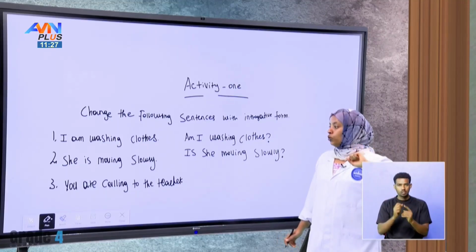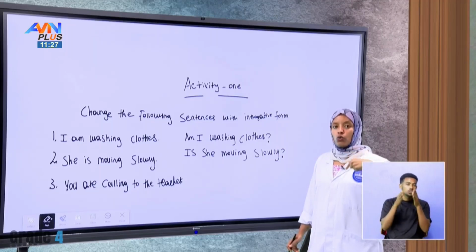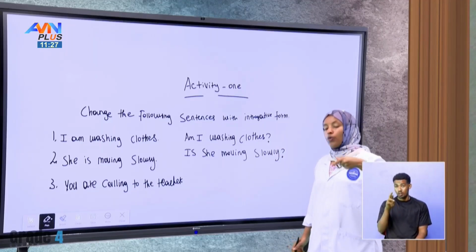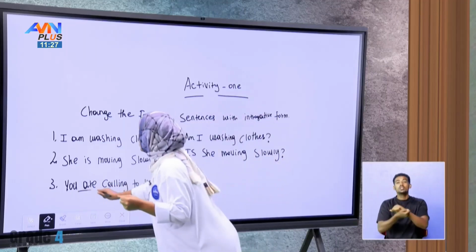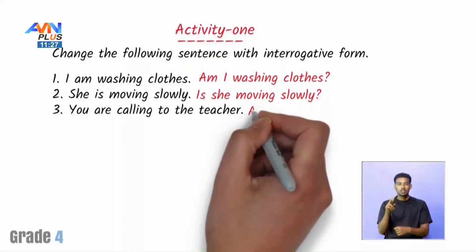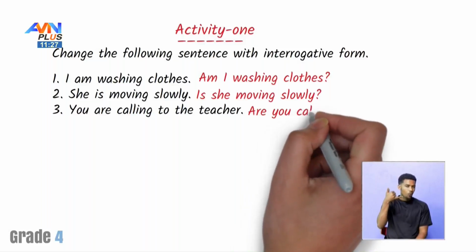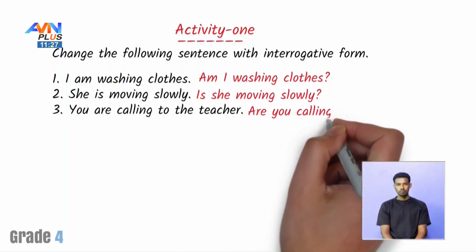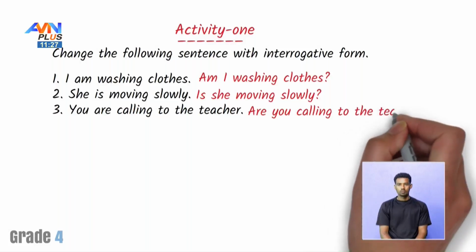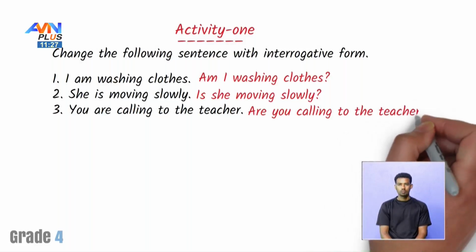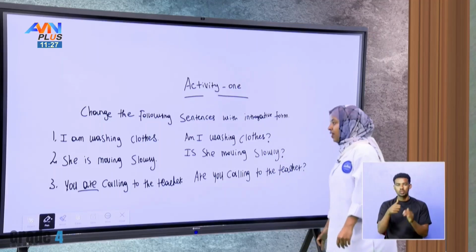So you are calling to the teacher. When we change it by using are: are you calling to the teacher? Here is the question mark at the end of the sentence.